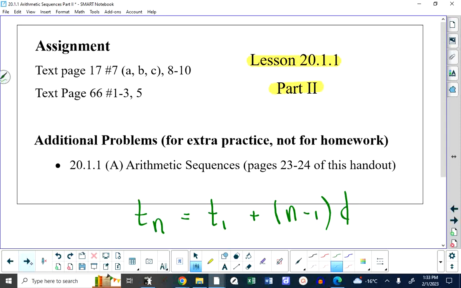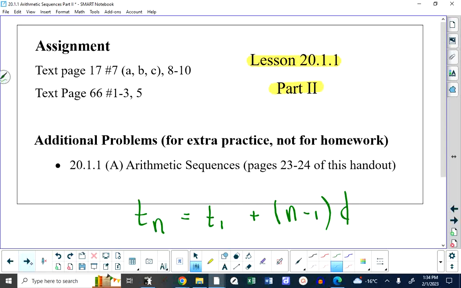By the way, when I was taught this, we used A for T1 as well. And it took me a few years to get used to the fact that it's Tn equals T1 plus n minus 1 times D. We're having a private conversation here because in some school systems, they use A for T1. So what you would be used to seeing is this, right? Yeah. You'll get used to it, just like me.